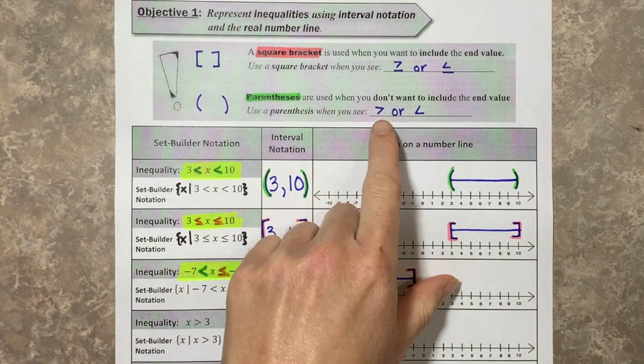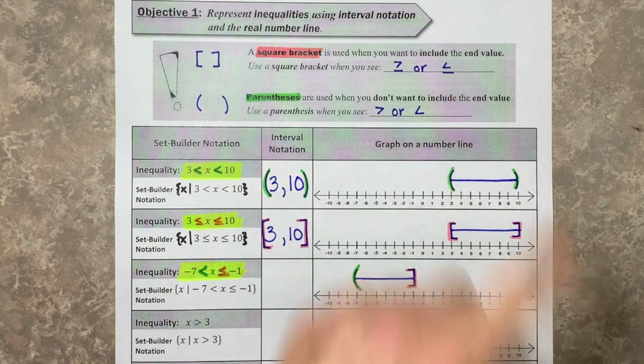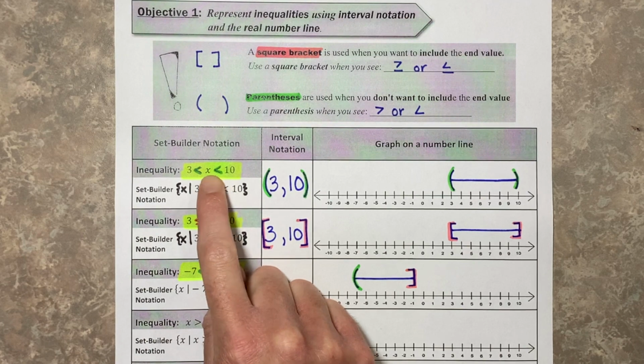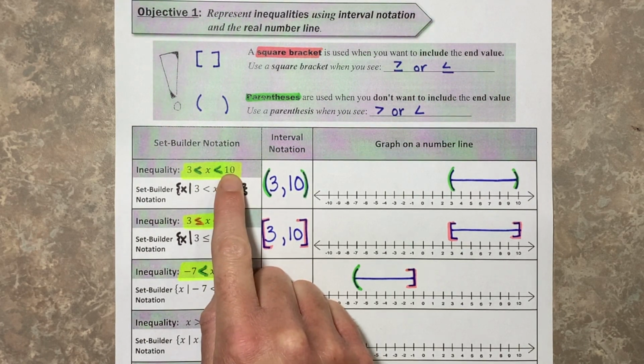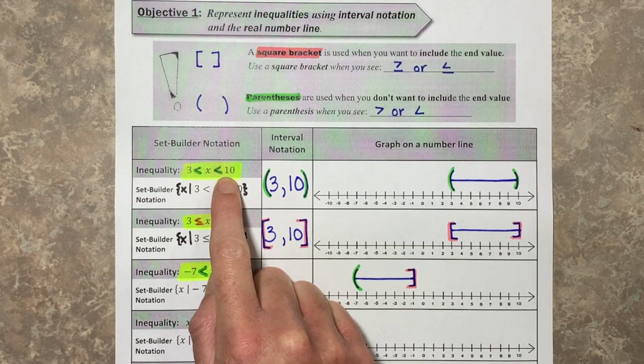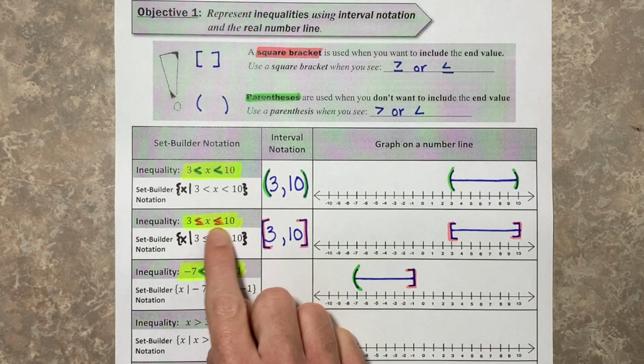Now, why do these symbols mean you don't want to include the endpoint, and why do these symbols mean that you do? Well, it makes sense if you think about, for example, here. This is read as x is less than 10. So x cannot equal 10. We don't want to include 10 because x is strictly less than 10. Versus here, this says x is less than or equal to 10.